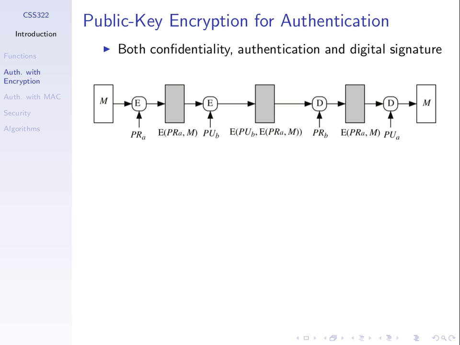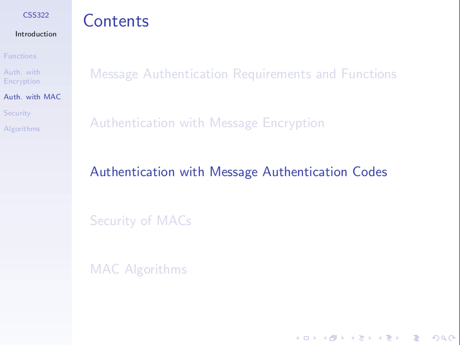If we want both authentication and confidentiality, we can combine encryption for confidentiality as well as signatures. We've mentioned this in the previous topic. Let's move on to the third approach, using message authentication codes.